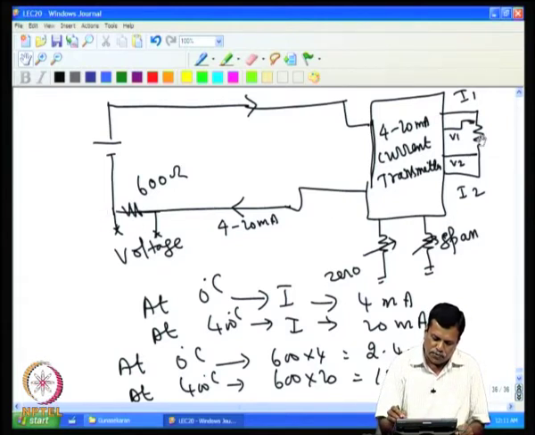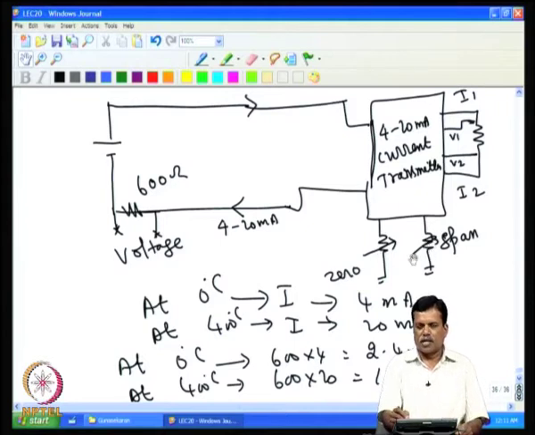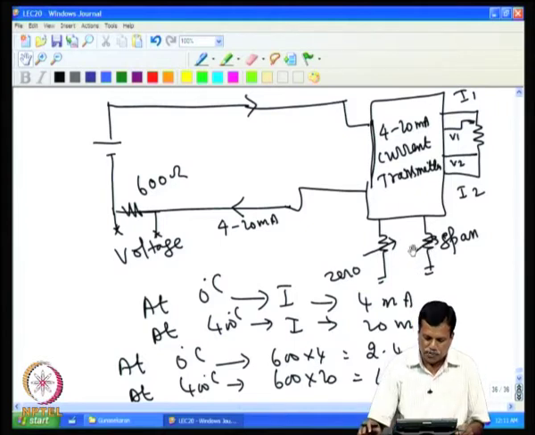So, zero and span are repeatedly adjusted such that at 0 degree C you get 4 milliampere and at 400 degree C you get 20 milliampere. So, these are the 2 potentiometers required for zero and span adjustment.